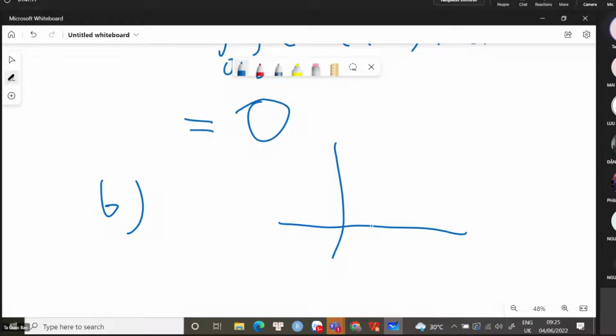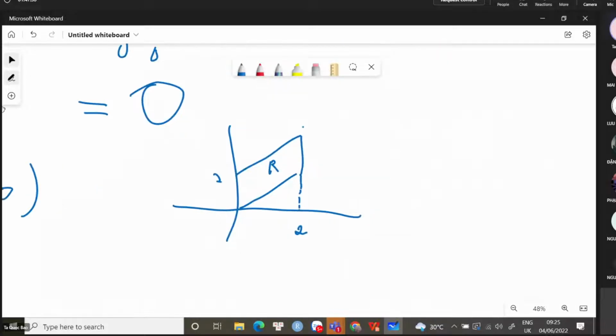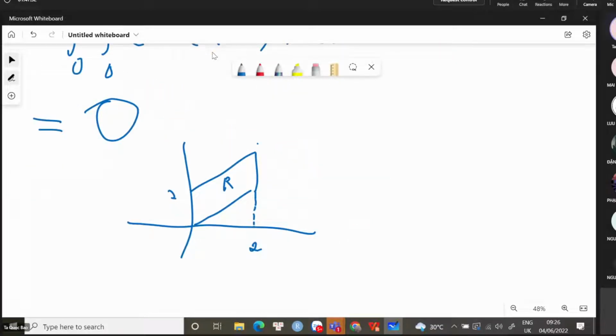Question B. Our region R looks like this. Here is x, y.